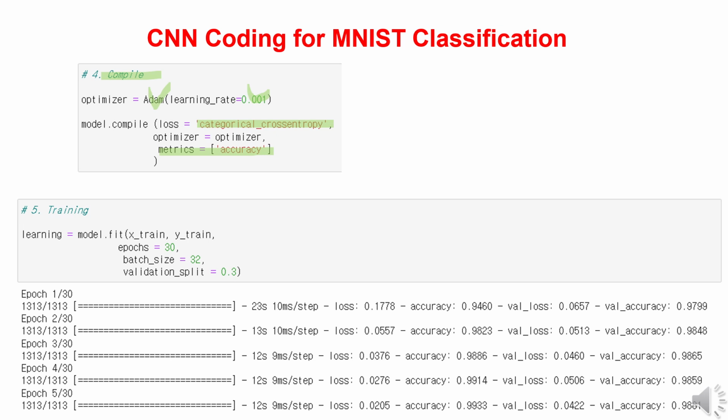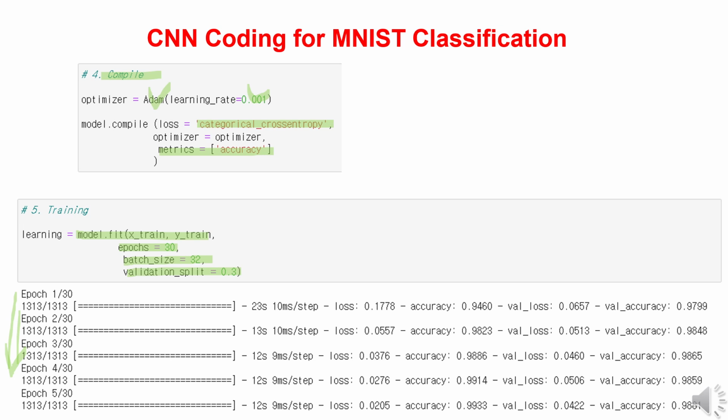Next, we train the model using the training data. We set the number of epochs to 30 and the batch size to 32, meaning the model will train on 32 samples at a time. Also, we allocate 30% of the training data as validation data, so we can monitor how the model performs during training and check for potential overfitting.